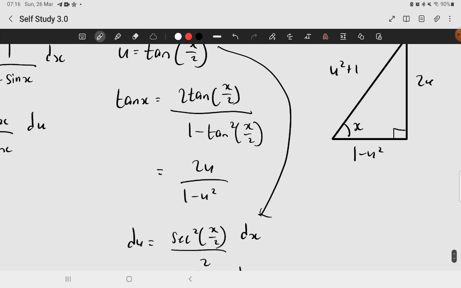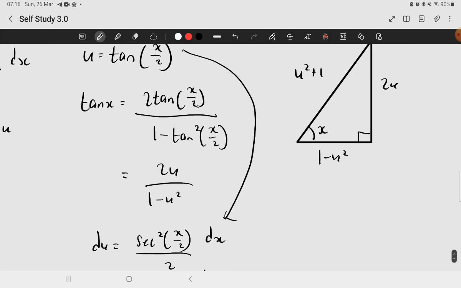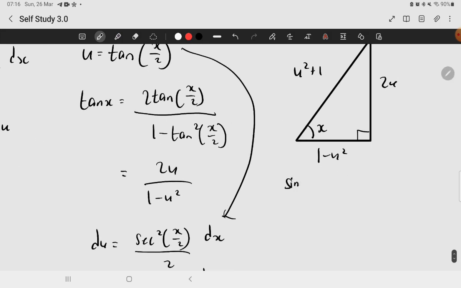Therefore, by referring back to our right angle triangle here, we can express sine of x by using the acronym that we mentioned, SOHCAHTOA. So that means the opposite divided by the hypotenuse. Therefore, it will be 2u divided by u squared plus 1. And then the cosine of x, by using the acronym, adjacent over hypotenuse, you have 1 minus u squared over u squared plus 1.